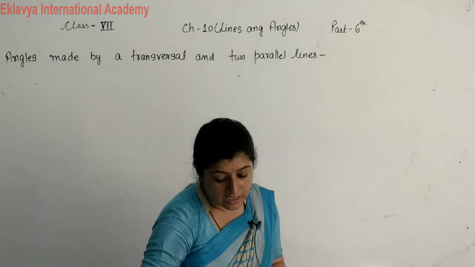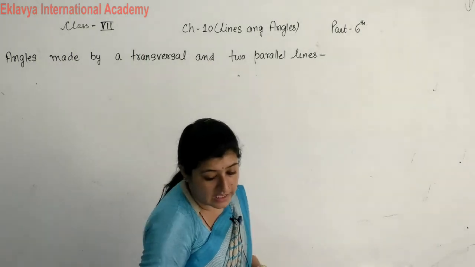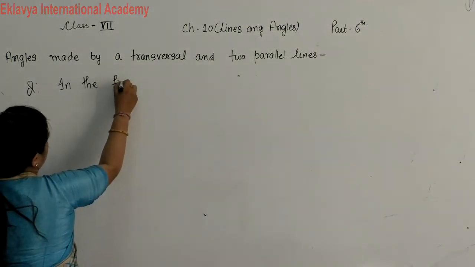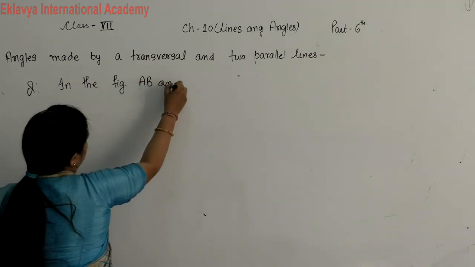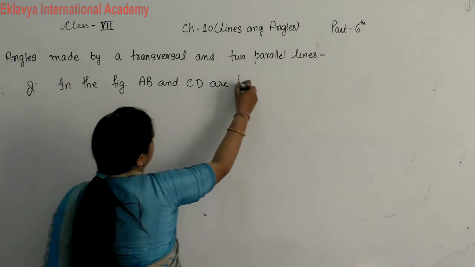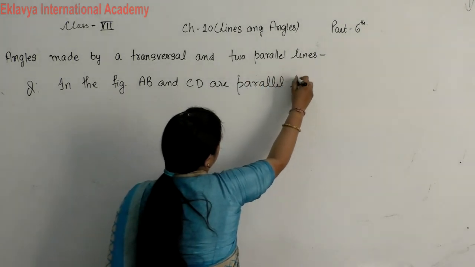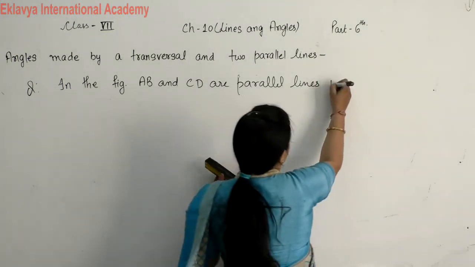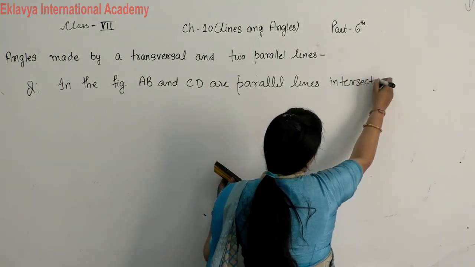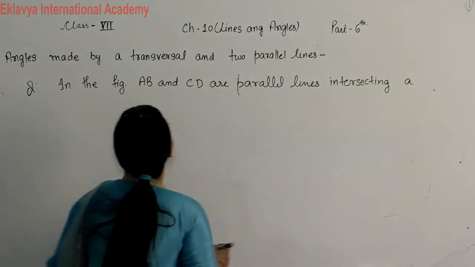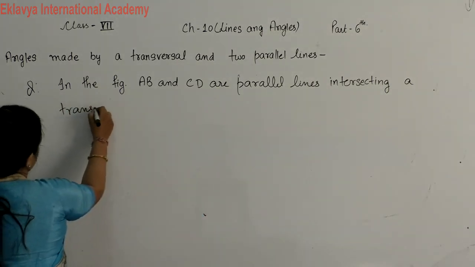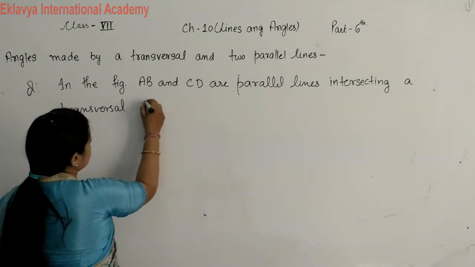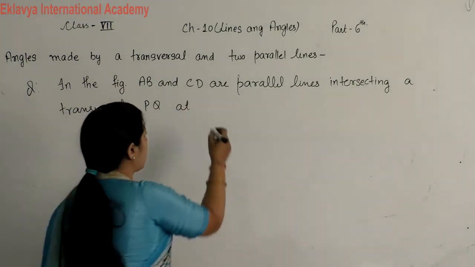Very easy exercise. In the figure, AB and CD are parallel lines intersecting a transversal PQ at L and M respectively.